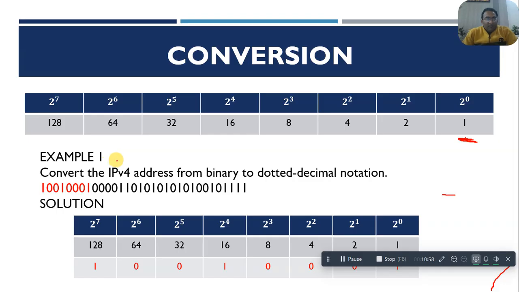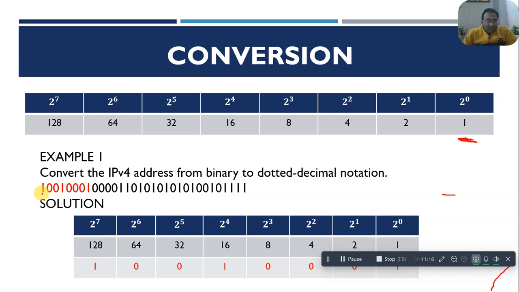Now let us take an example. In this example we are converting an IPv4 address from binary to dotted decimal notation. So how can we convert it? This is a 32-bit binary address. We will take 8 bits from the extreme right position.